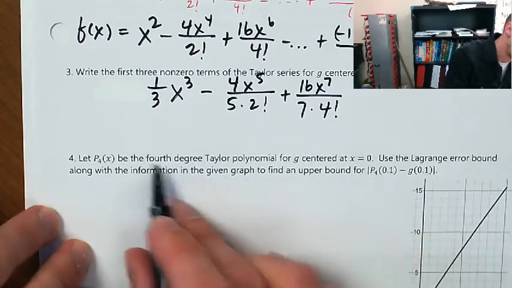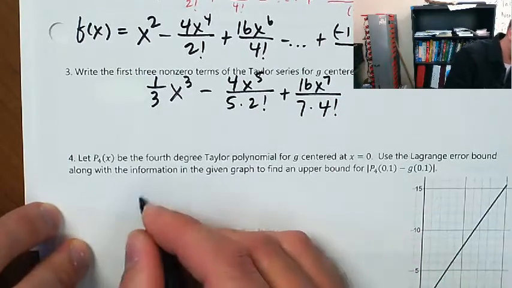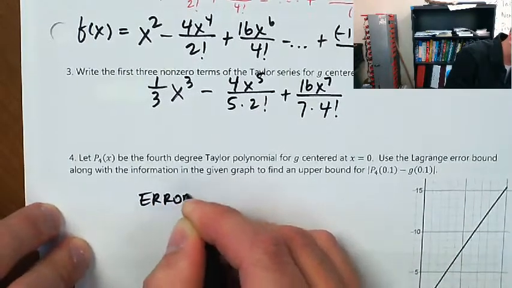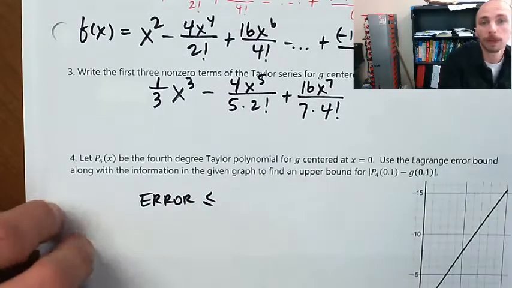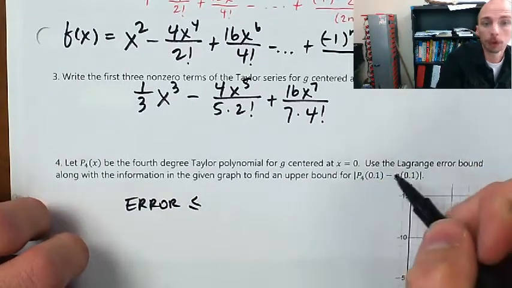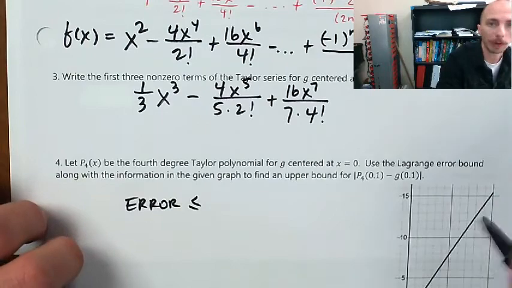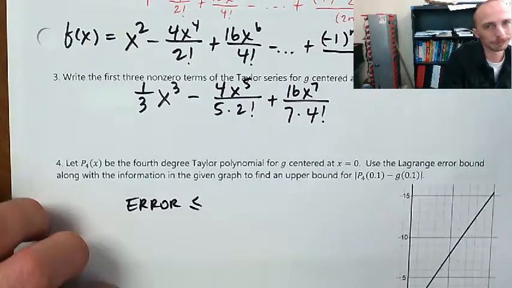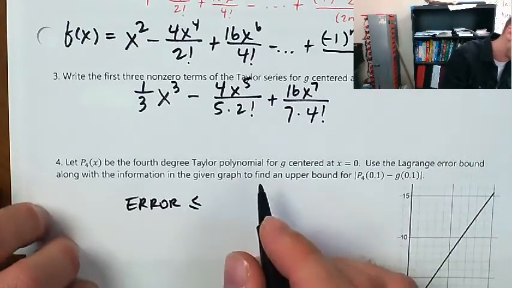We know that if we use a fourth degree polynomial for g, that error is bounded by the fifth power term. We're going to use the Lagrange error bound because it told us to, and there's a picture of the graph of the derivative, so that's a hint that you're going to use the Lagrange error bound also.